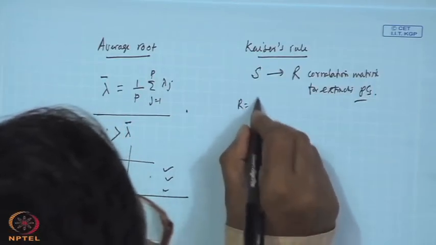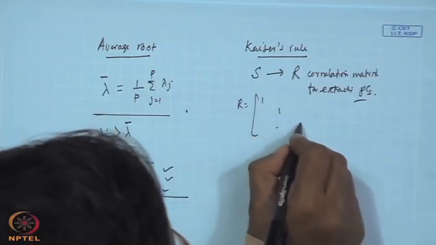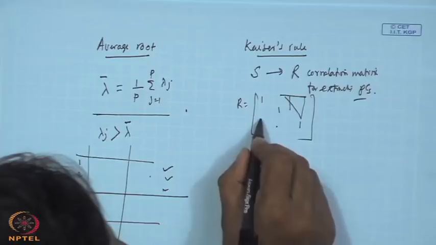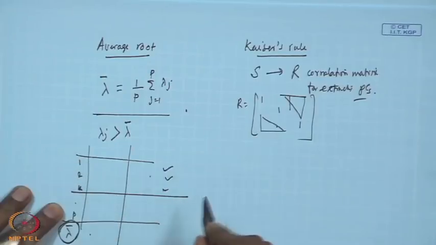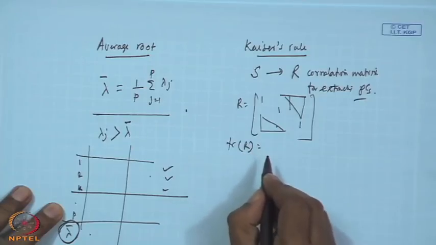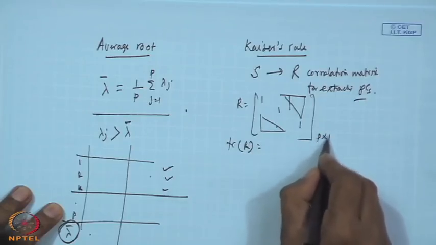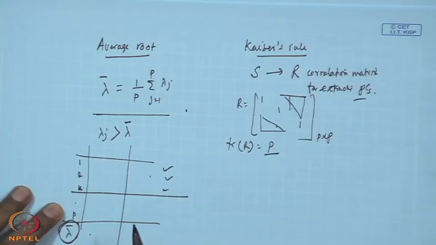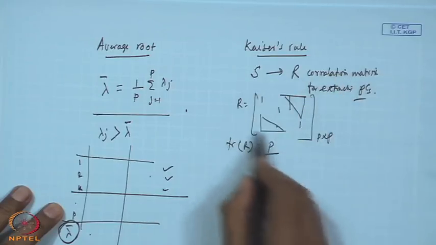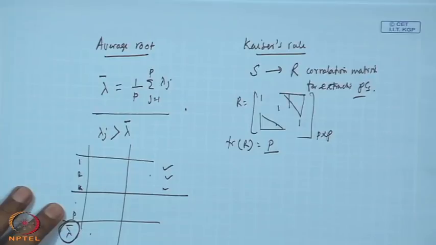Your correlation matrix is like this, all diagonal elements will be 1 and off-diagonal values will be there. Then what is the trace of R? If it is a p cross p matrix, that will be p. So if I use the correlation matrix instead of covariance, my total variability is the number of variables.